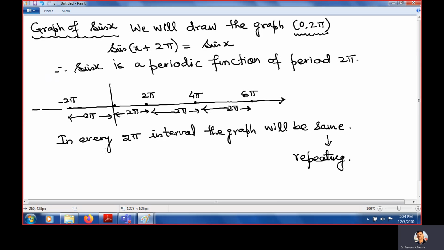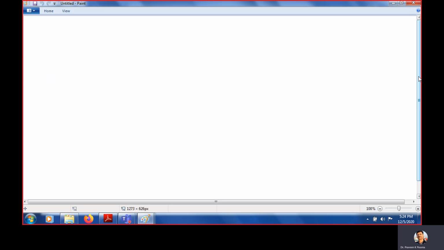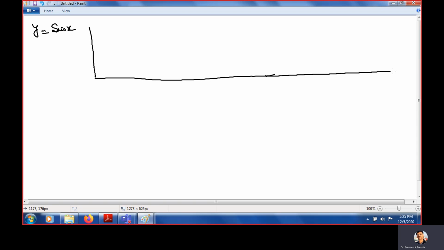We do not need to draw the graph in the rest of the intervals. So how to draw the graph? The function is y equals sin x. Clear? Between 0 to 2 pi we will draw it.